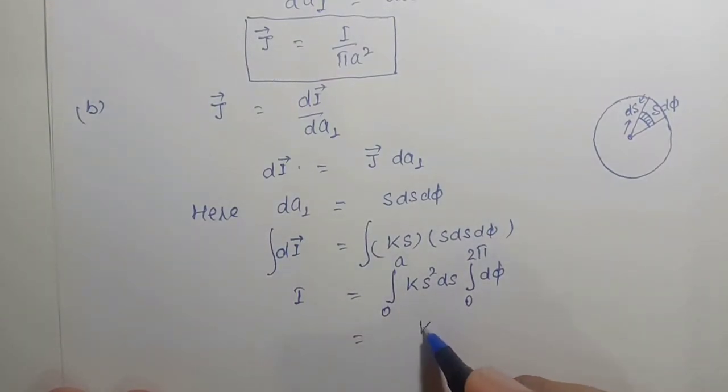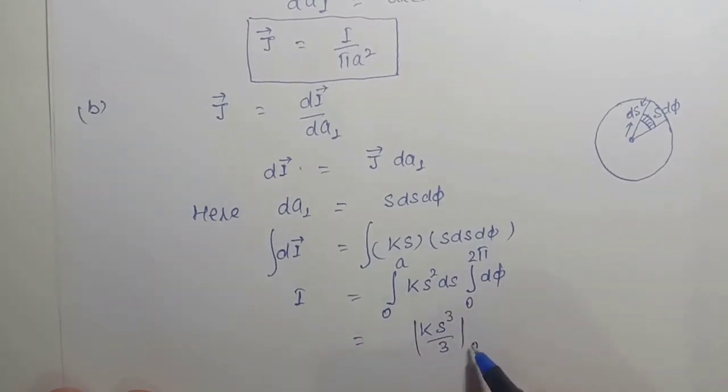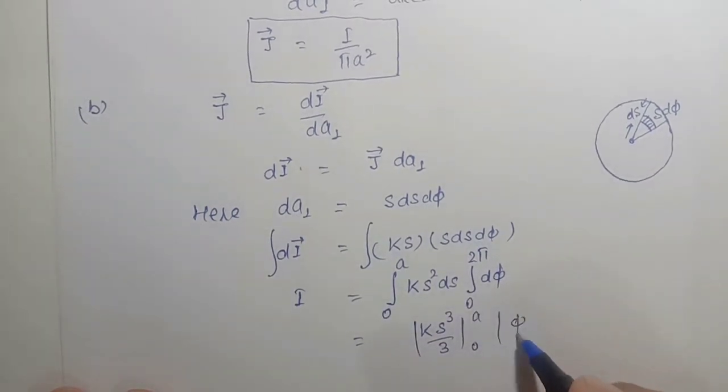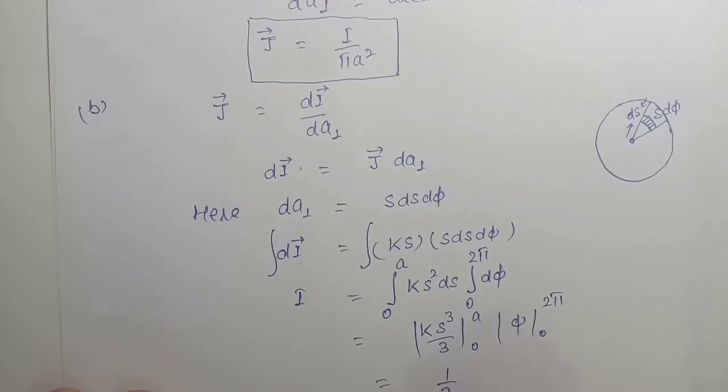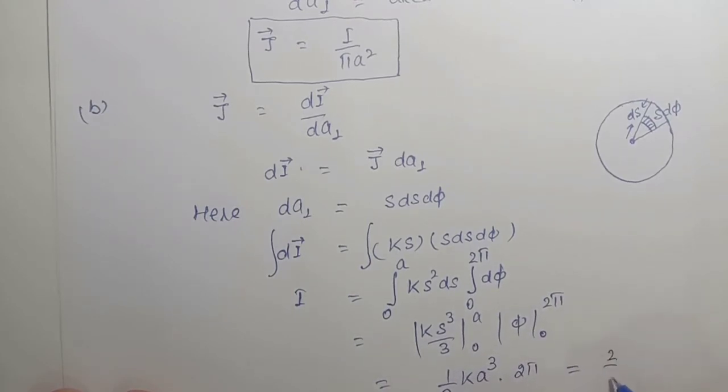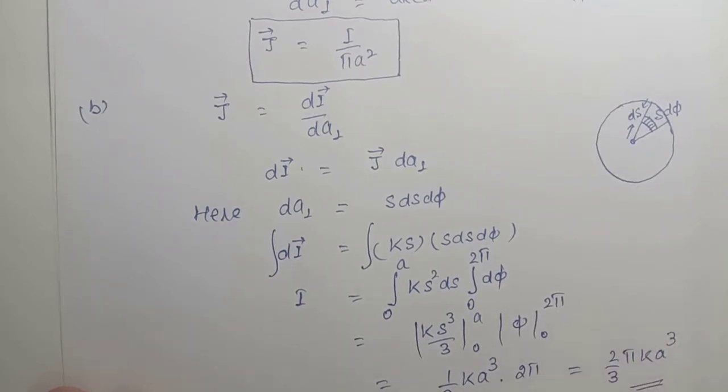So we can write k s cube over 3 from 0 to a, and phi from 0 to 2 pi, which is equal to 1 over 3 k a cube into 2 pi, or finally 2 over 3 pi k a cube. So this is the current.